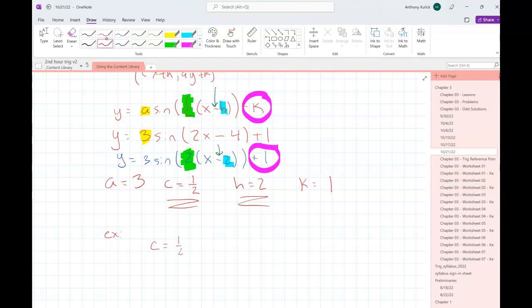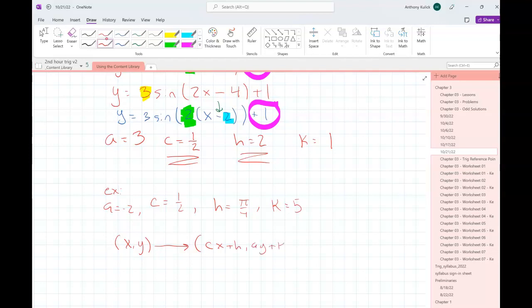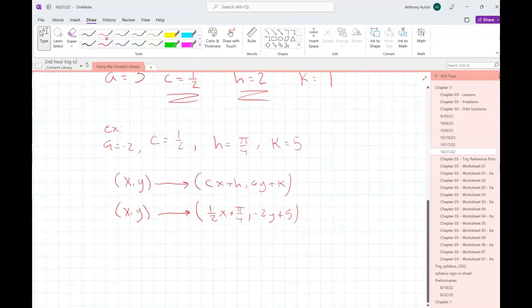So let's say C is 1/2, A is -2, H is pi over 4, and K is 5 or something. So the transformation map that we write should look like this. So when I fill that in, that's 1/2 x plus pi over 4, -2y plus 5. Everybody's okay with that?